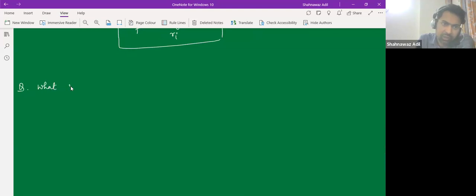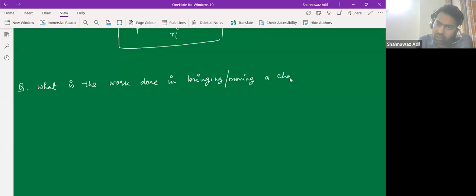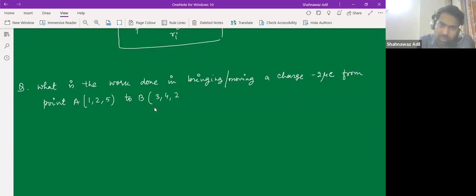So what is the work done in bringing or moving a charge, let's say minus 2 microcoulomb, from point A, which is (1, 2, 5), to point B, in the presence of an electric field, which is i plus 2j minus 3k?